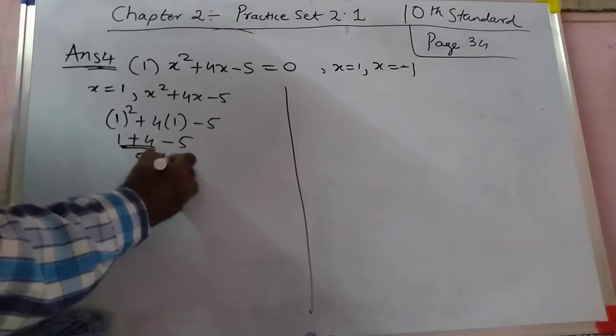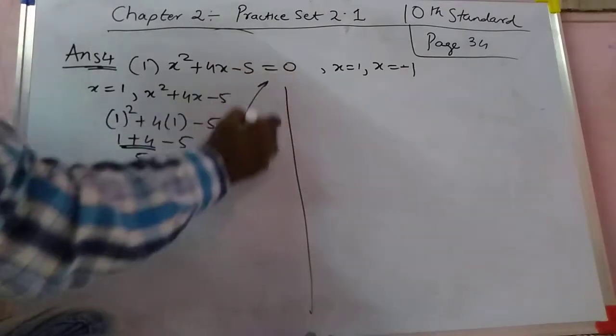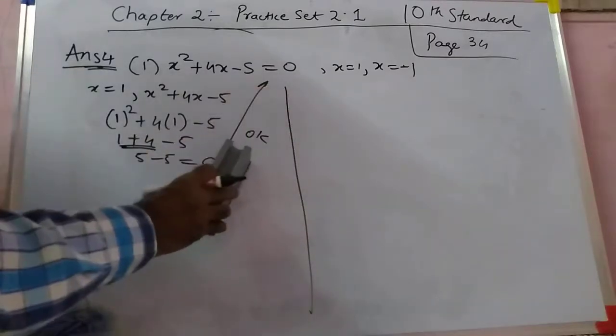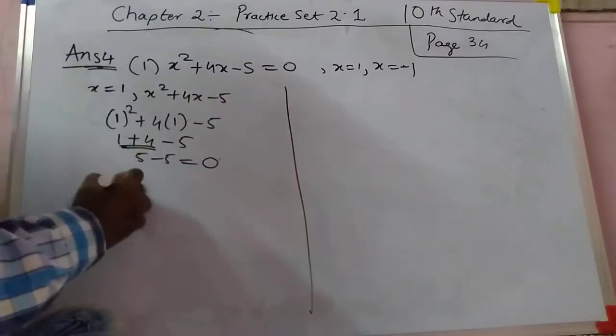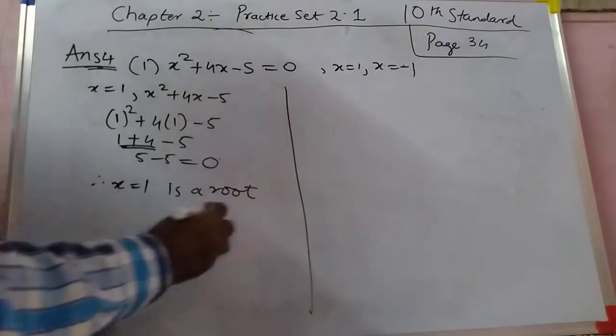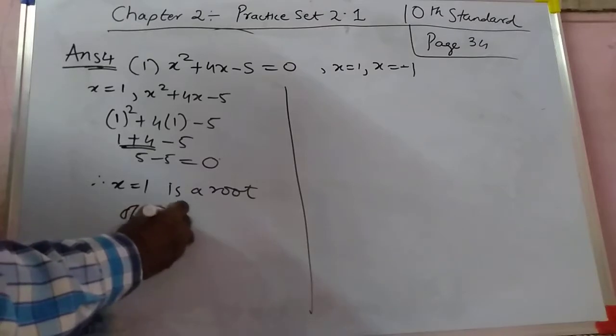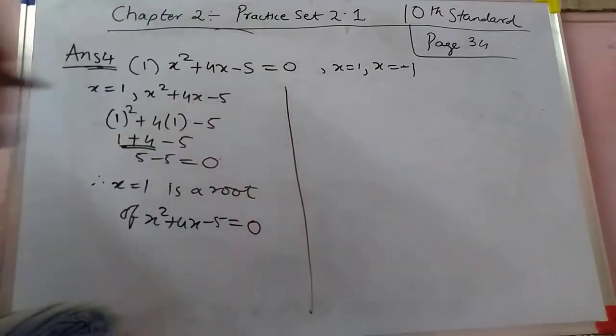It will become 5 minus 5 is equal to 0. Okay, 0 means it is fitting. Therefore x is equal to 1 is the root of x square plus 4x minus 5 is equal to 0.